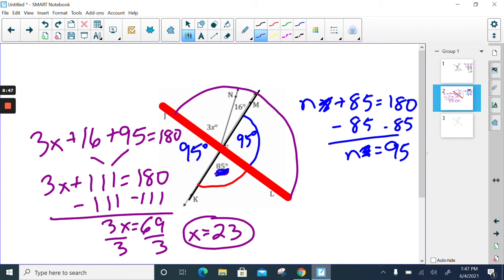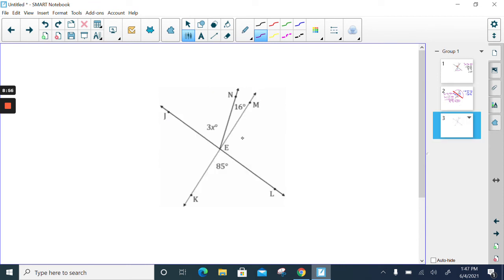Now, if you were looking at this saying there's two ways to solve this, that's awesome. There's actually a third way, and this has to do with what we just did here. If we found out this was 95 degrees and this was 95 degrees, we do not need to use angles on a line. We can use our last angle relationship that would be relevant in this problem, which would be dealing with the entire image that we have here.